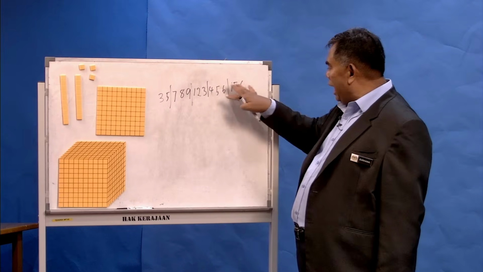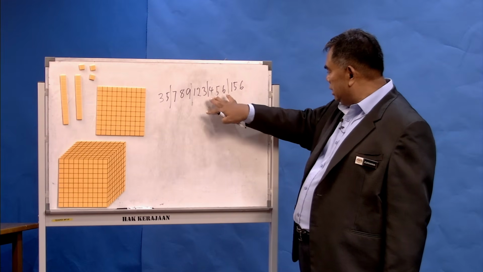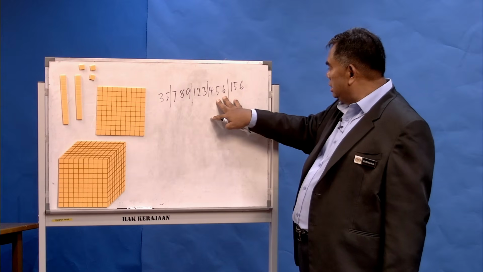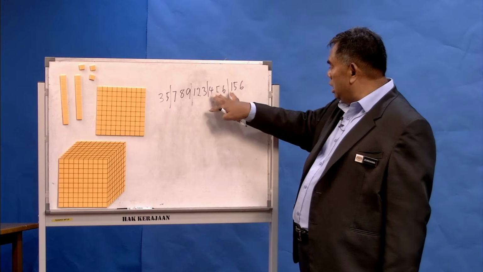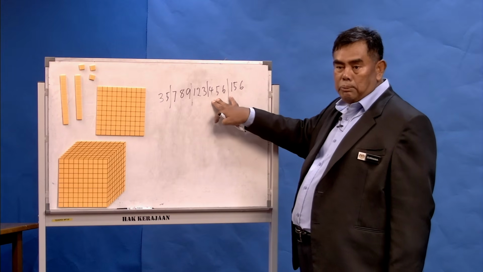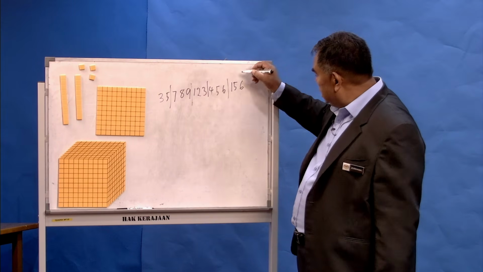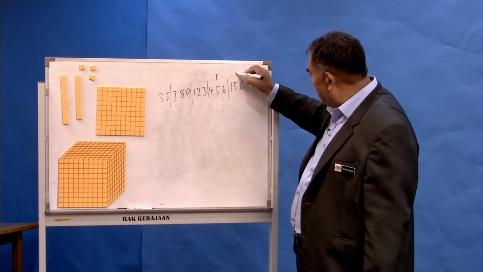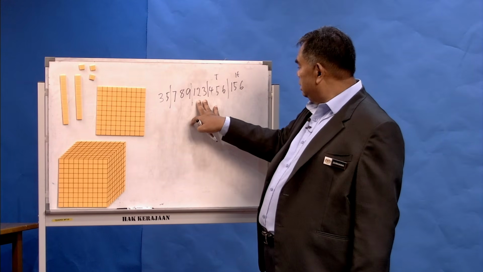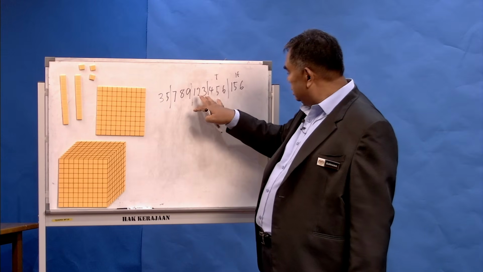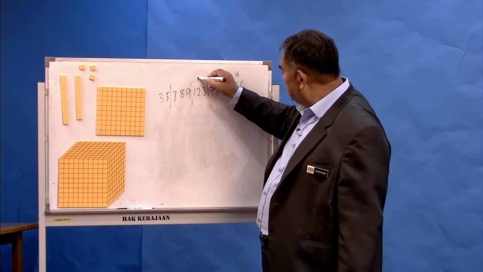Digits 4 to 6 are the 1,000 family, and the other 3 digits are the million family.